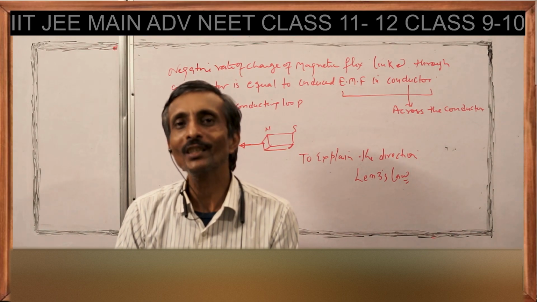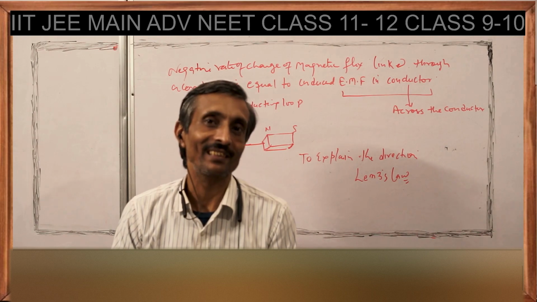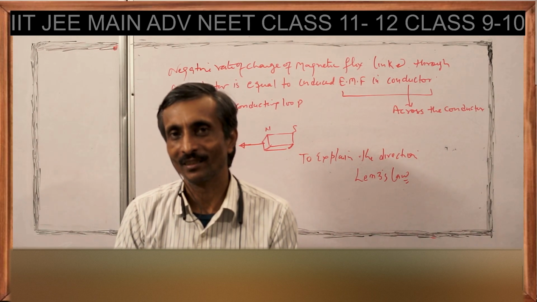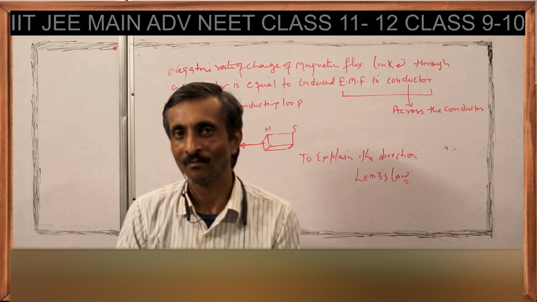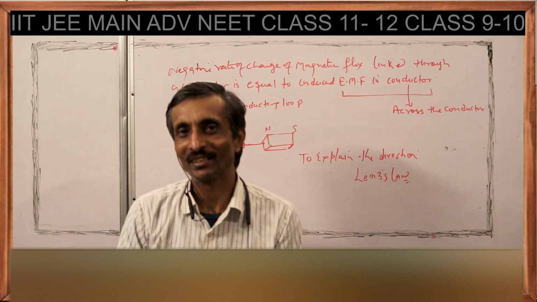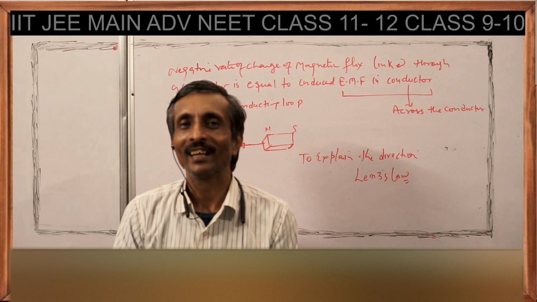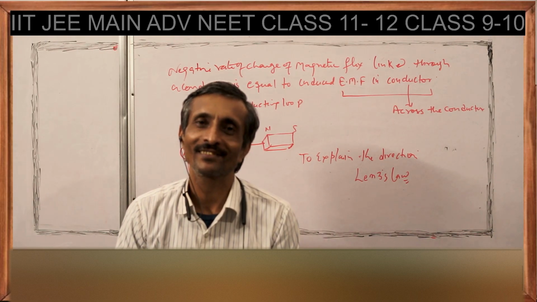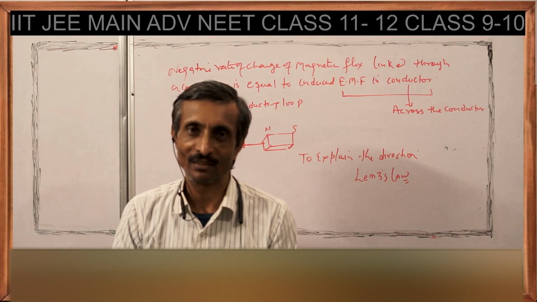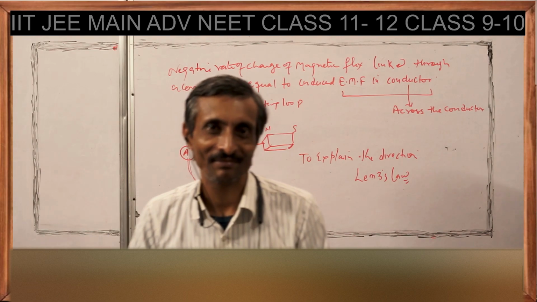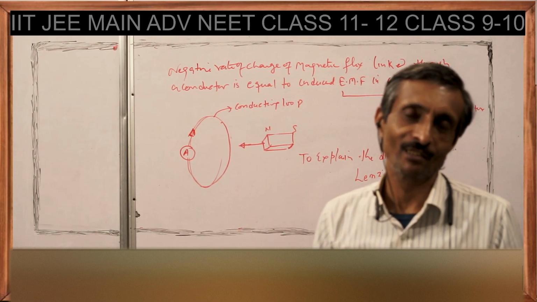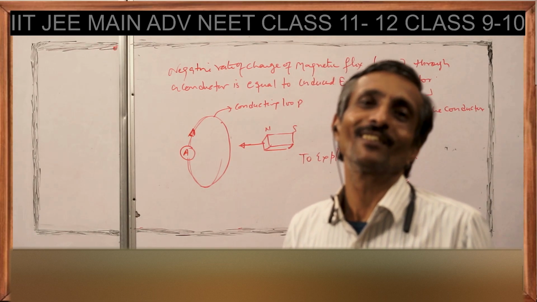But they also react against this force. The change of magnetic flux through the conductor is opposed by the conductor because conducting electrons have inertia. So due to the reaction, an induced current is developed. The electrons move in a particular direction to avoid the Lorentz force.